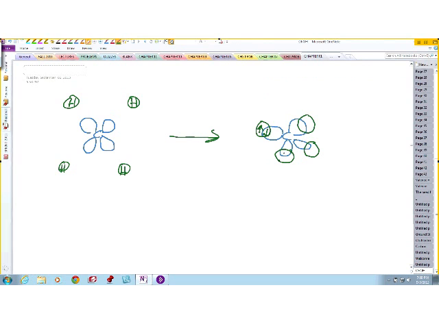Okay? So the same thing happens here. Another 2 electrons here, another set of 2 electrons here. Okay, so now this is your covalent bonding, in which this carbon atom is sitting in the middle of a tetrahedron.